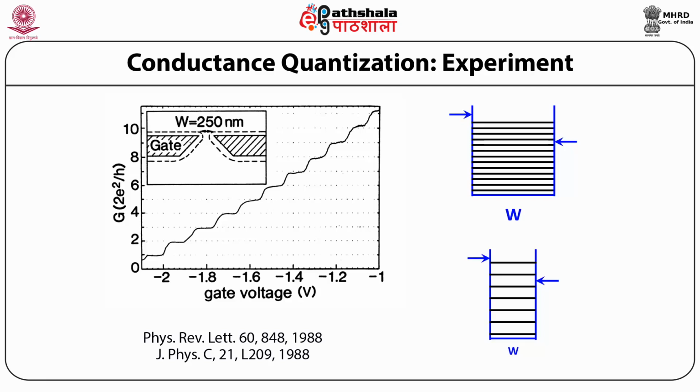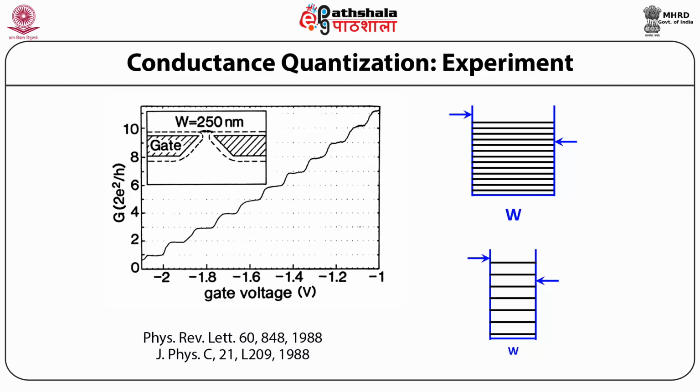In a quantum conductor, the resistance through a wire connecting between the two electrodes can be given by the Landauer formula, which is R is equal to h by 2e square M T, where T is the transmission probability through a scatterer in a conductor.